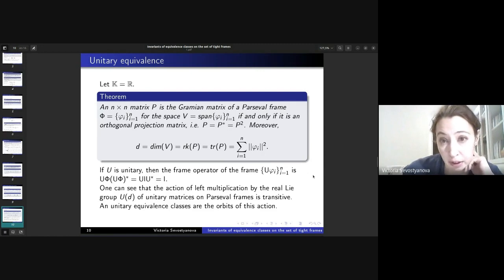And we can see that this action leaves a frame Parseval. One can see that this action on Parseval frames is transitive. The other point is that unitary equivalence classes are the orbits of this action.